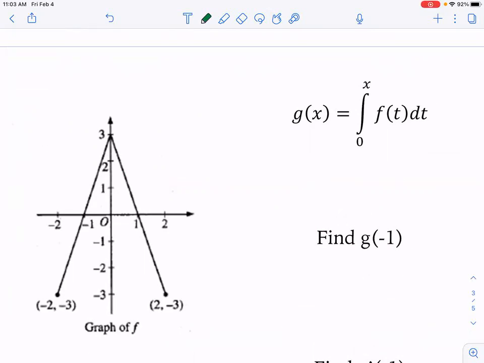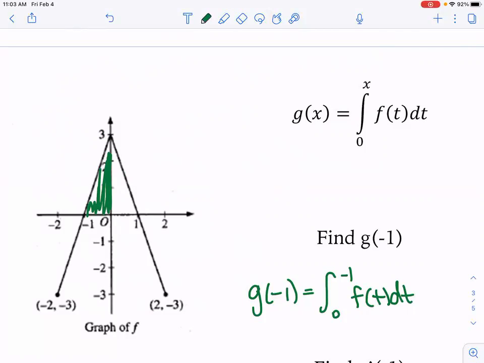Let's see. Okay. g of -1. Earlier we found g of 1. Now I'm asking for g of -1. Now, if I'm asking you for g of -1, and this is my function g, I'm asking you for the integral from 0 to -1 of f of t dt. Ooh, boy. What is true about my limits of integration? 0 to -1. They're going backwards. So here's the area from 0 to -1.